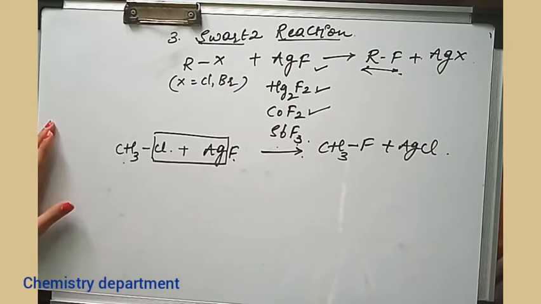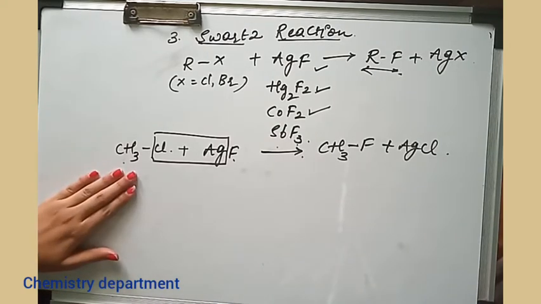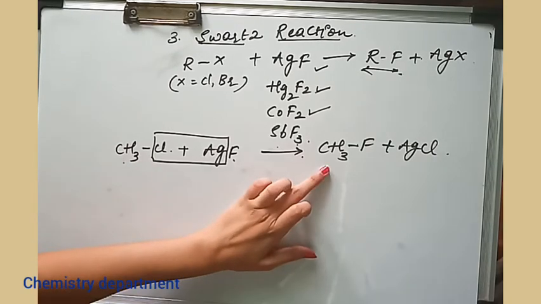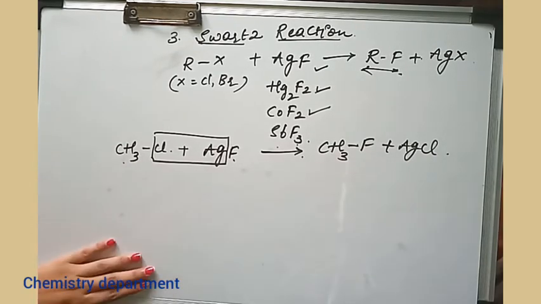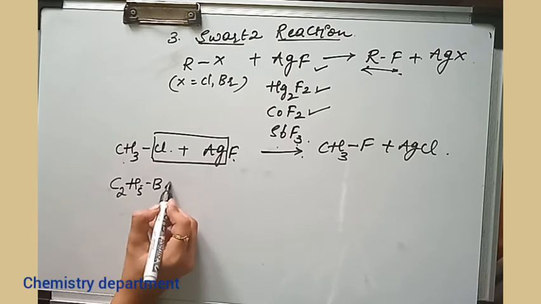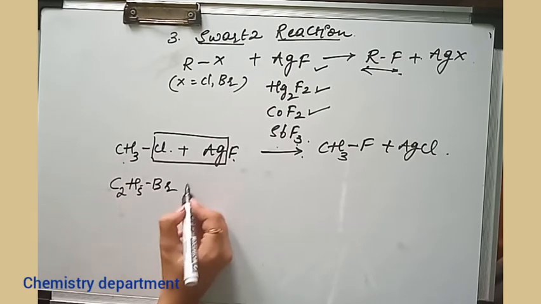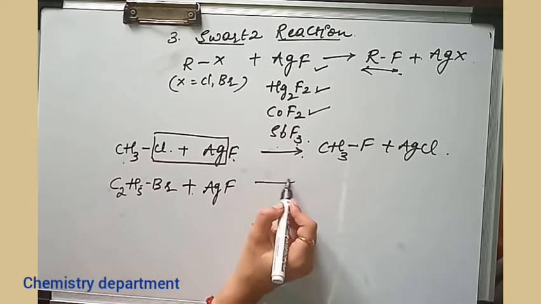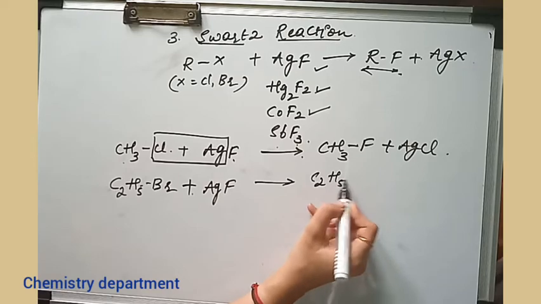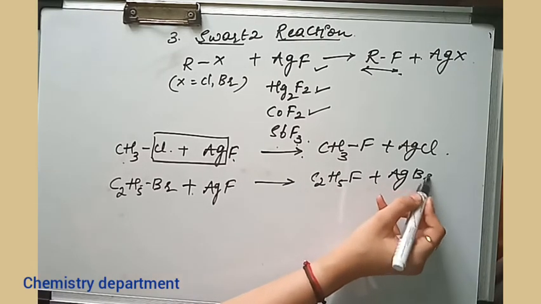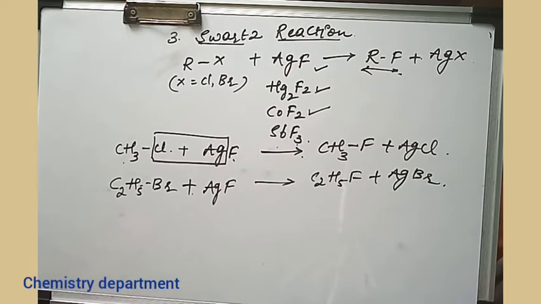So what is Schwarz reaction is, whenever alkyl halides are reacted with the metallic fluorides, alkyl fluorides will be formed along with the formation of silver salts. I can write one more example here, C2H5Br, that is bromoethane, plus AgF, that is silver fluoride, I'm going to get C2H5F, that is fluoroethane, plus AgBr, that is silver bromide.